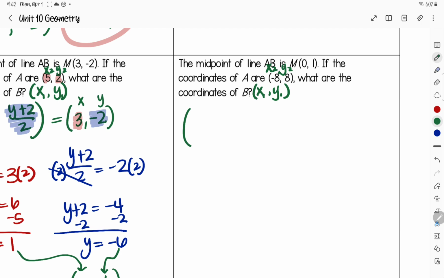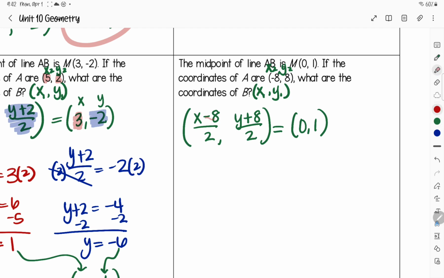I'm going to set this up as x plus negative 8, wait, I was doing the distance formula. It's adding in the midpoint. So x plus negative 8, which is the same as x minus 8, divided by 2, and y plus 8 divided by 2, and that equals the point 0, 1.